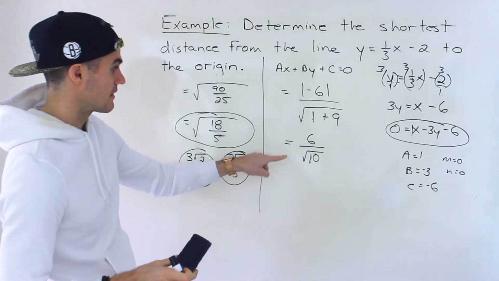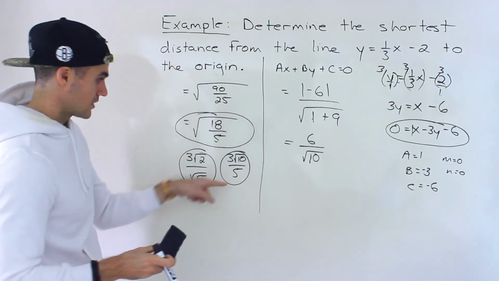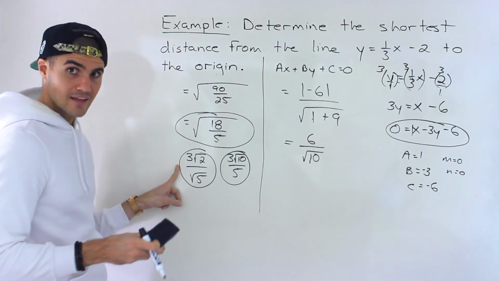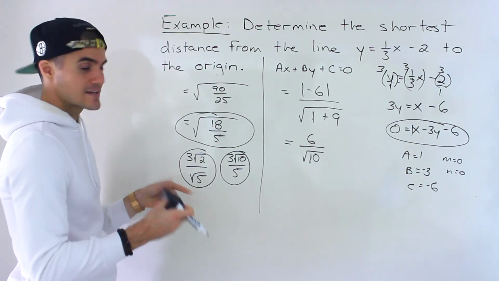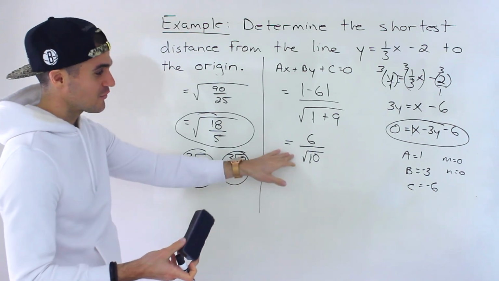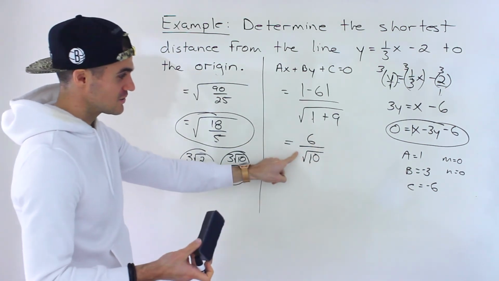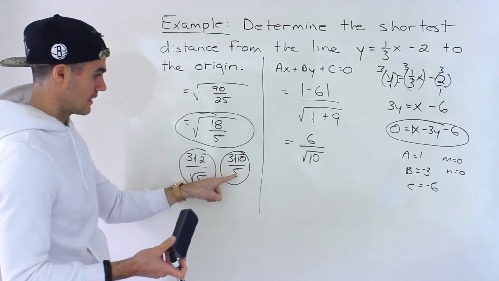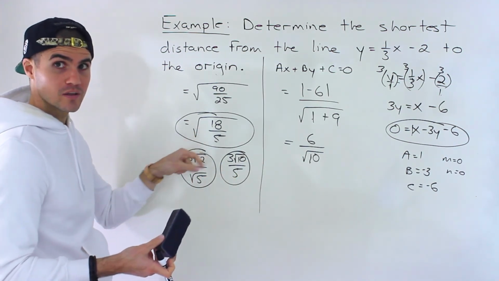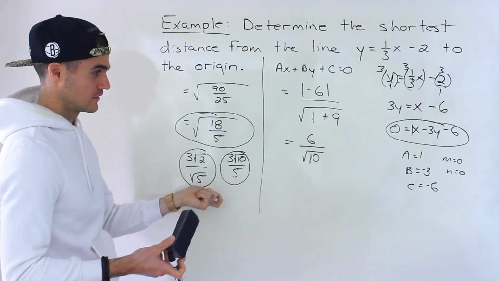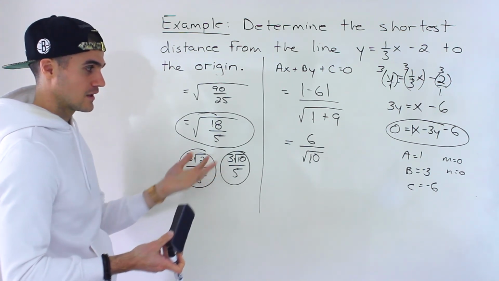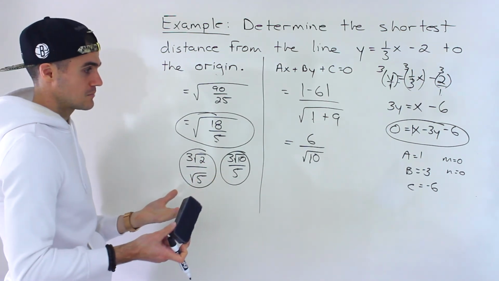But notice if we compare this to these, it's not the same, right? But it actually is the same. This is another format that the answer can be in. If you plug this into your calculator and plug these into your calculator, it'll be the exact same decimal. So there are a lot of different formats this can be in.